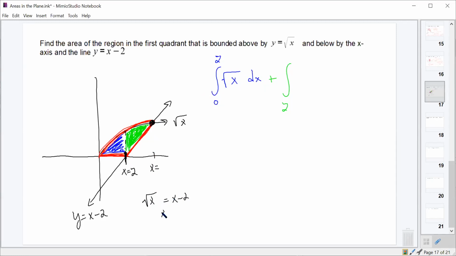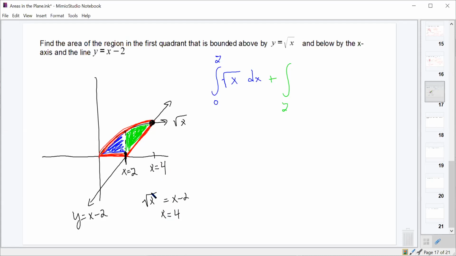At x equals 4. Yeah, we should just be able to see that that's 4, just by a little bit of inspection.